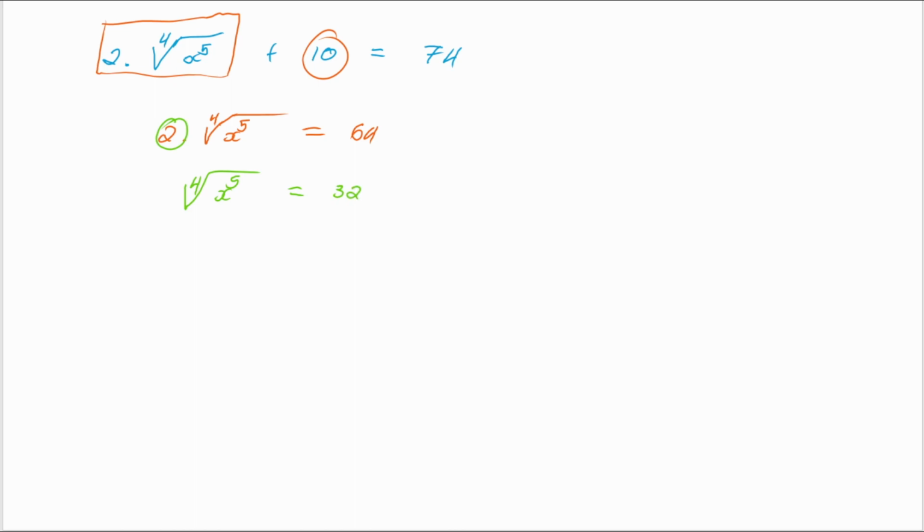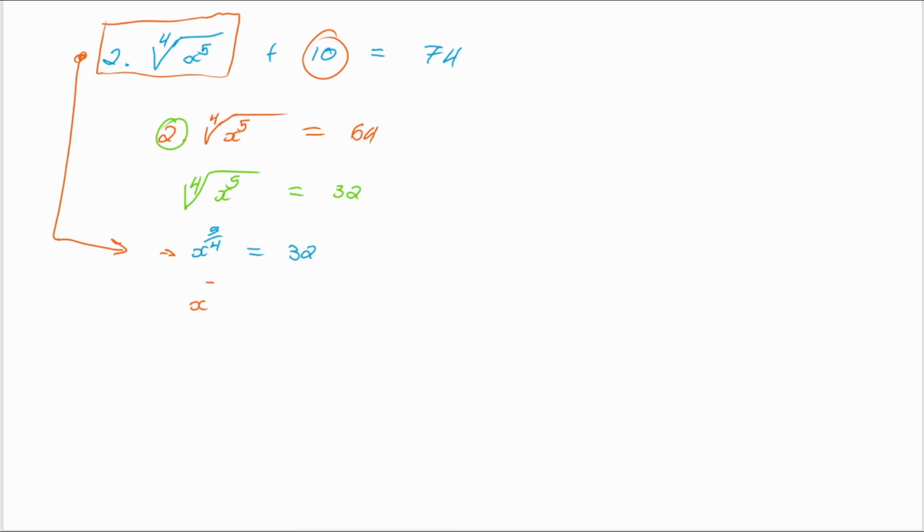And now this I can rewrite using my exponent laws as x to the 5 over 4 is equal to 32. And this is exactly what we've been doing, right? So whenever you get something complicated like this, try to get it into a form that you know and have been doing.